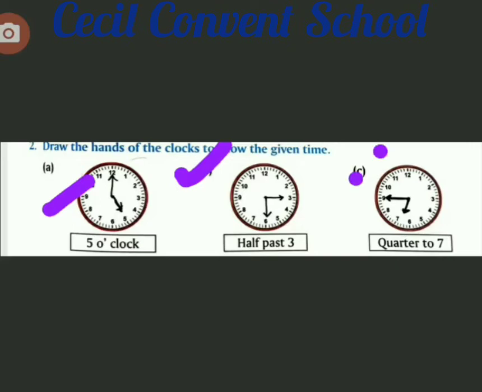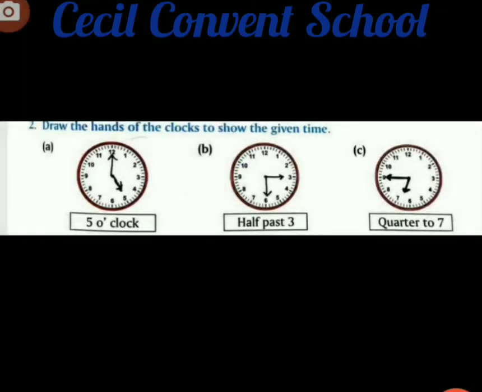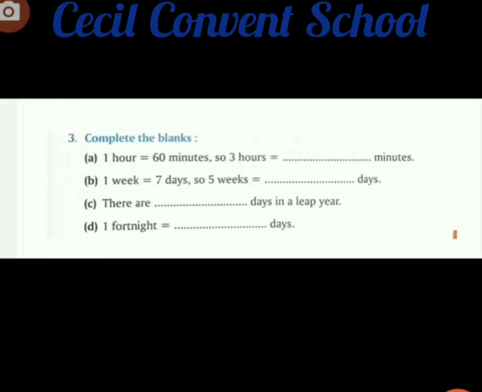So we write quarter to 7. So the smaller hand should be between 6 and 7, and for "quarter to", it means that we make the minute hand 15 minutes before. If we take 15 minutes before, it will come on 9. Clear this thing?